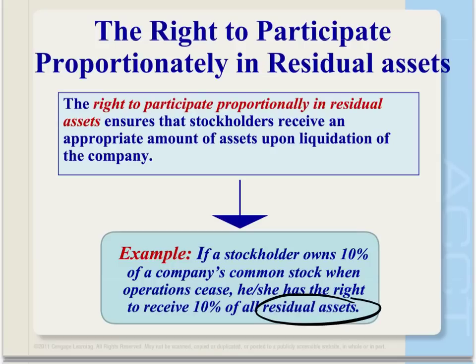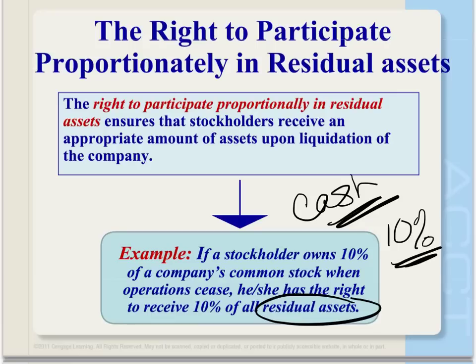What that means is that typically when a corporation sells everything in liquidation, all they have left is cash. The shareholder would have the right to 10% of the cash after they sold all their equipment, their buildings, their inventory, and so forth.